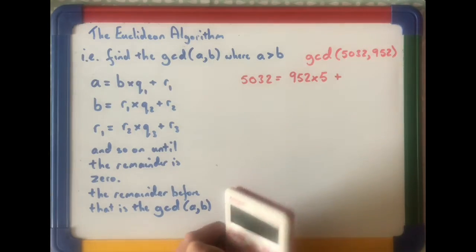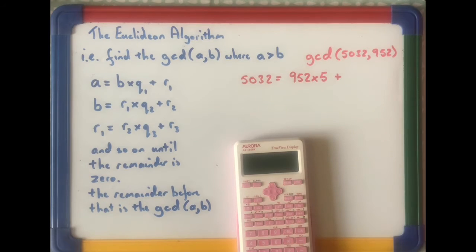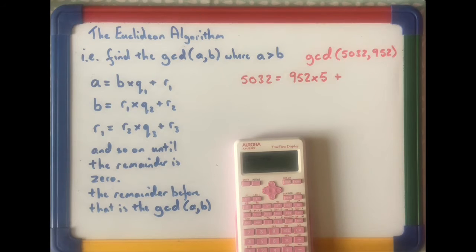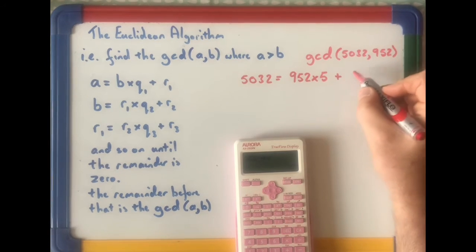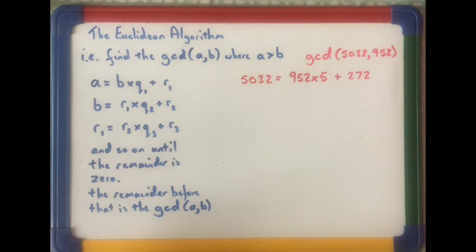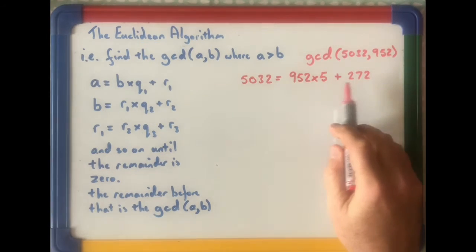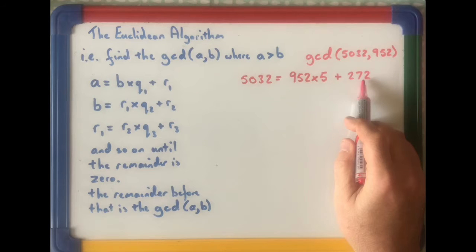So if I look at my calculator, 952 times 5 equals 4760. So I'm going to take that away from 5032, and it gives me 272. So my remainder is 272.